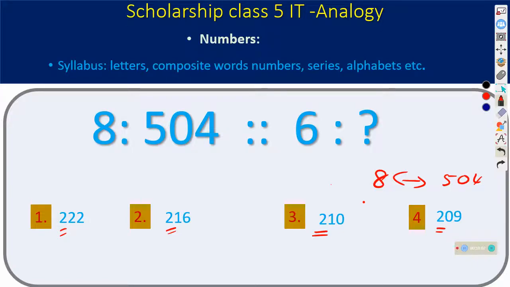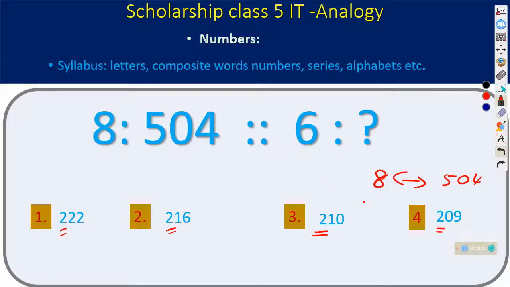How 8 became 504 is a big question. It's a big issue here. How can we solve this?